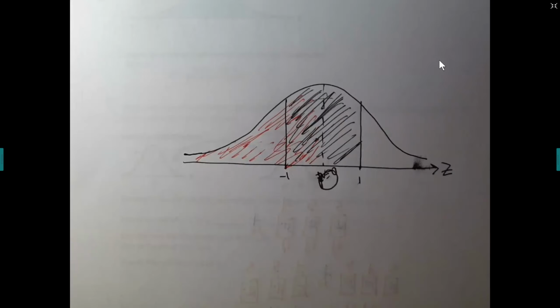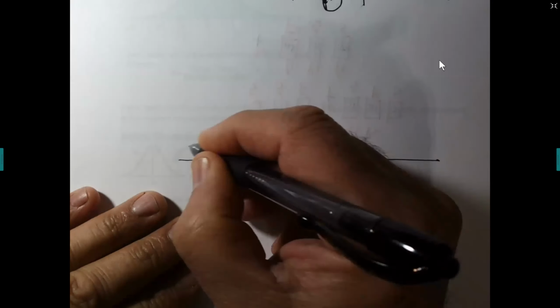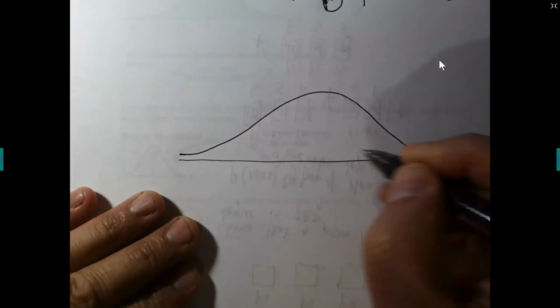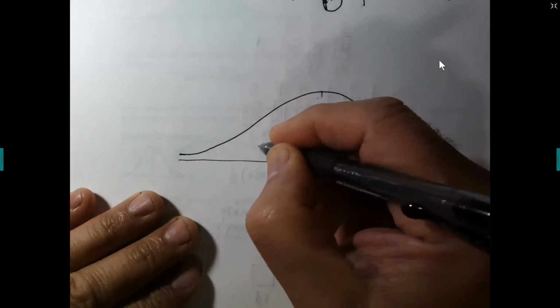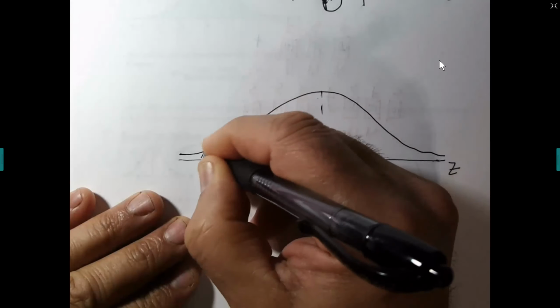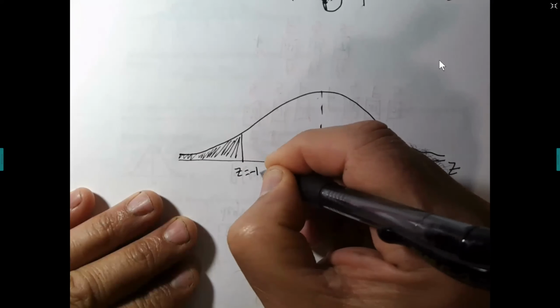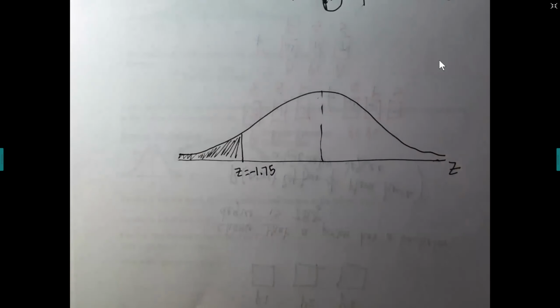Okay. Now let's make it harder. And now this is the beauty of chapter 5, guys. Again, I'm using Z. Watch, guys.